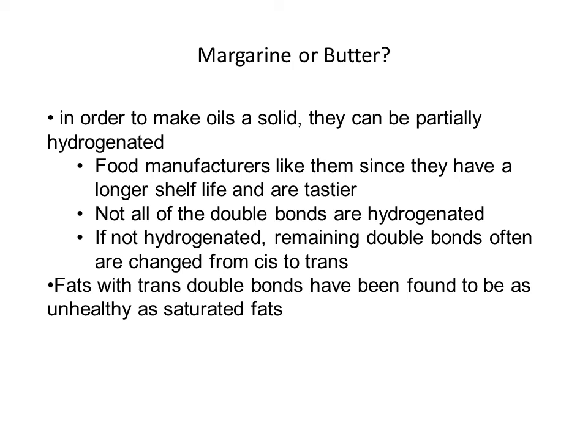The cis are healthy for us, but trans are shaped very much like the saturated fatty acids. They're long and ropey, and they stack well, and they deposit in your arteries just the same as saturated fats. So margarine and butter really have about the same effect on your health. It is the oils, like olive oil and things like that, that tend to be good for you.